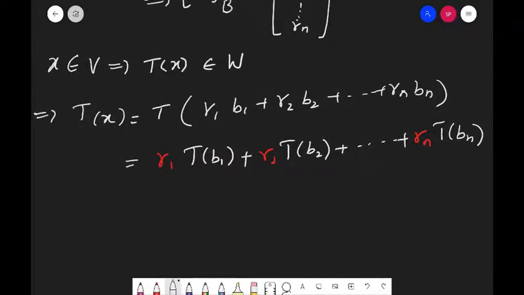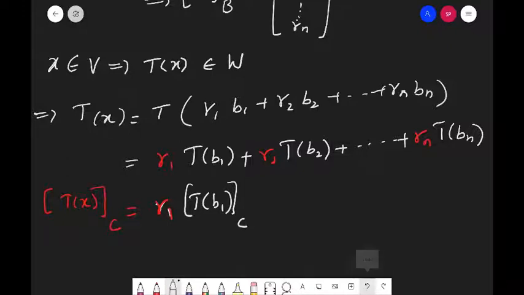Now let us see what is the coordinate vector of T of x corresponding to the basis C. This is what we want here. Then this will be nothing but R1 into the coordinate vector of T of B1 corresponding to basis C plus, why?